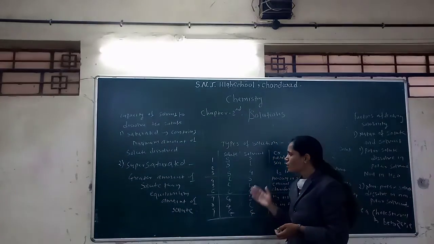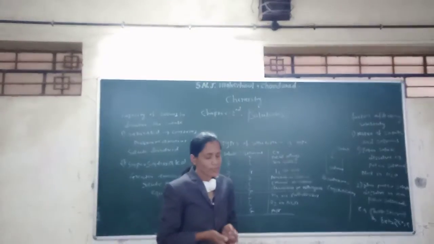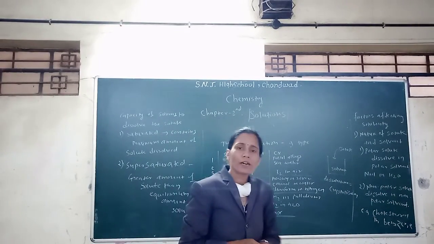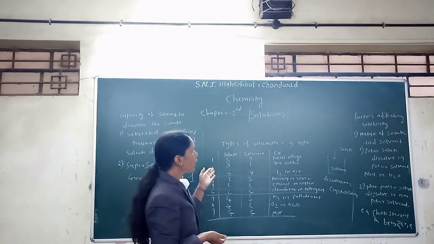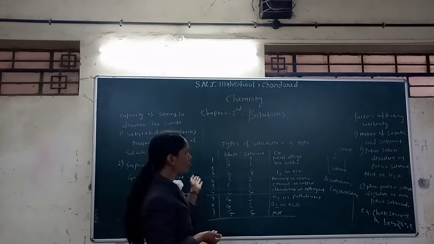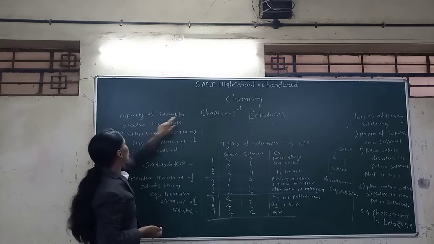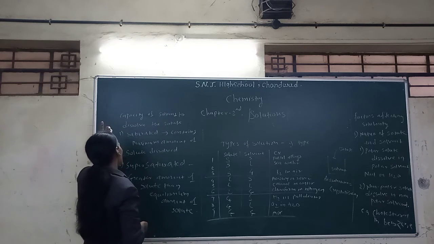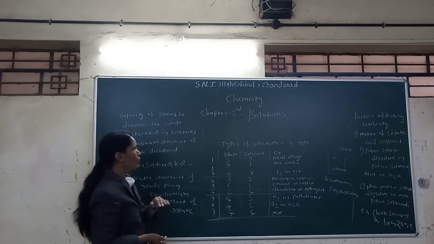Mostly each solvent has the capacity to dissolve an amount of substance according to its properties, means different solvents have different dissolution rates of the solute. Therefore, the capacity of a solvent to dissolve the solute differs.